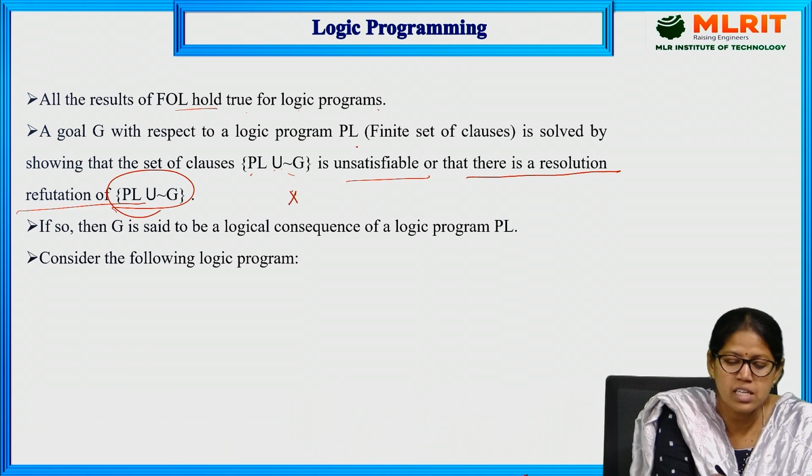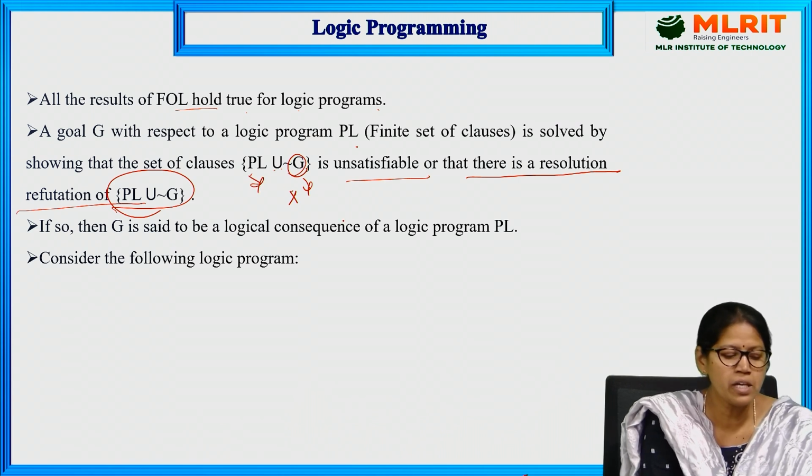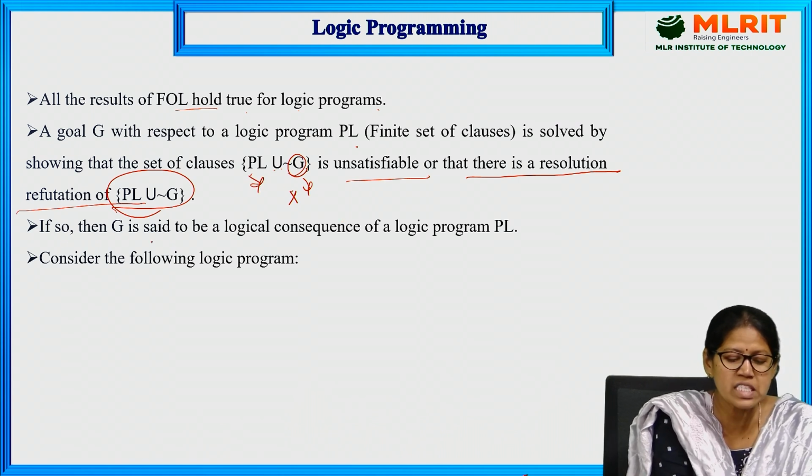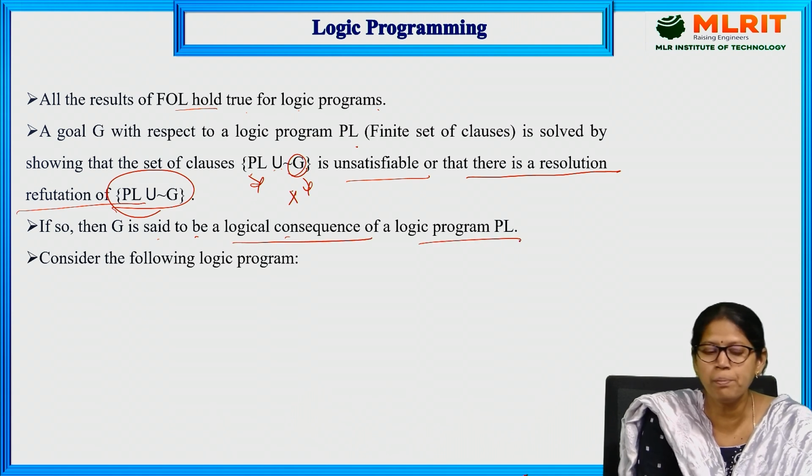If it is a contradiction, then we can say G is a consequent or resolvent of this logic program. We will see one example. If so, then G is said to be a logical consequence of the logic program PL.